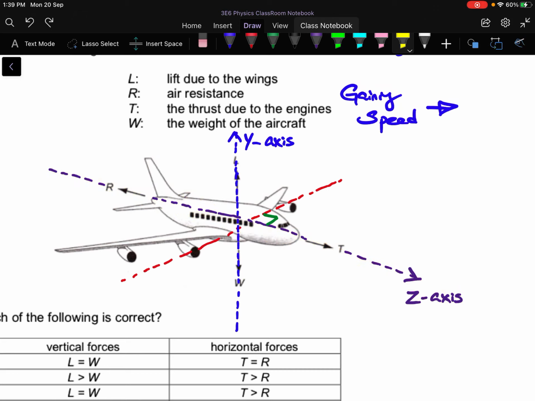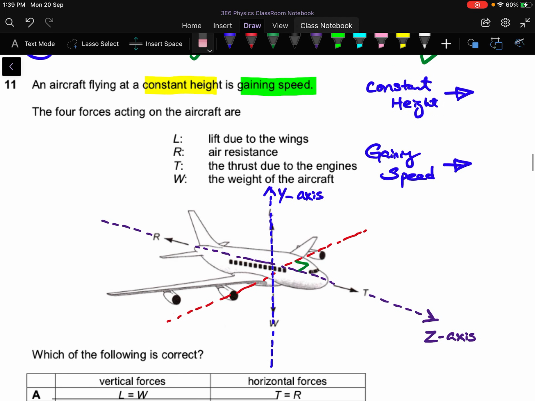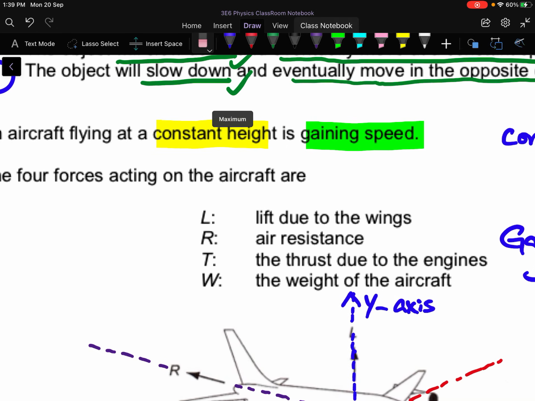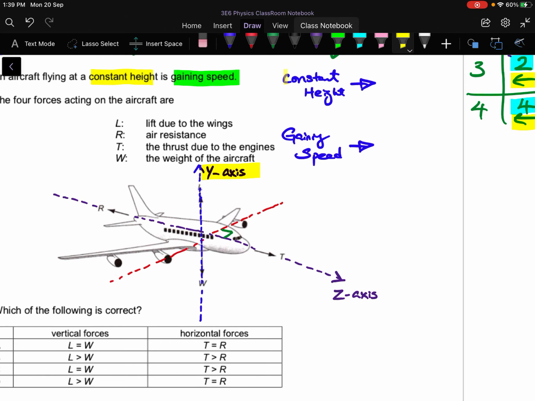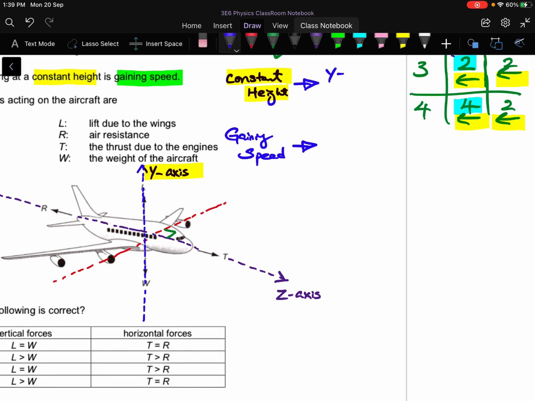And of course the plane can also be moving in the left-right axis, which we call the x-axis. For this particular context, there are only 2 axes in play. The plane is moving at constant height, meaning that on the y-axis, the plane is not moving. So on the y-axis, your velocity equals 0. In other words, on the y-axis, the forces must be balanced.